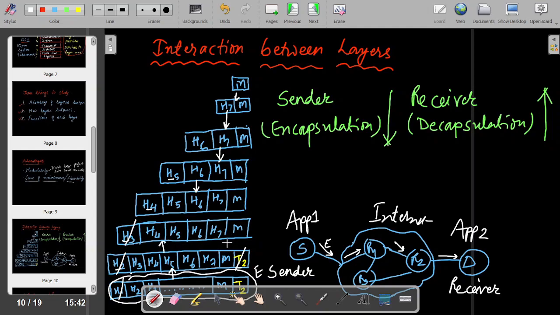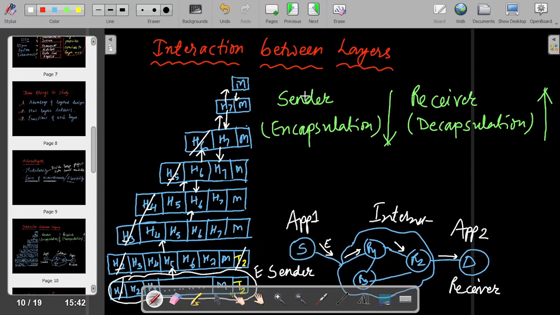The network layer removes H3 and gives H4 till M to the transport layer. The transport layer removes H4 and gives the remaining portion to the session layer. The session layer removes H5 and gives the remaining thing to the presentation layer. The presentation layer removes H6 and gives the remaining thing to the application layer, and the application layer gives M to application 2.